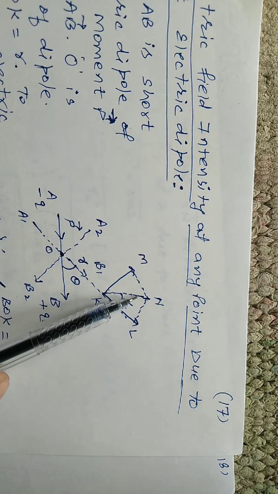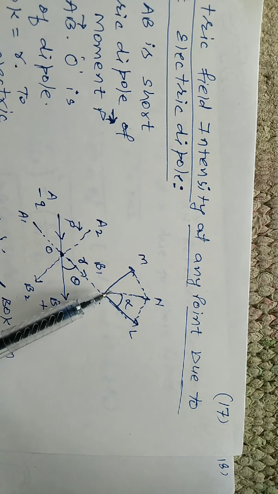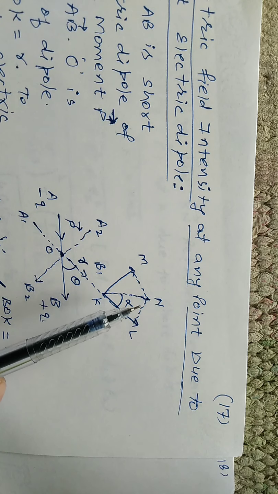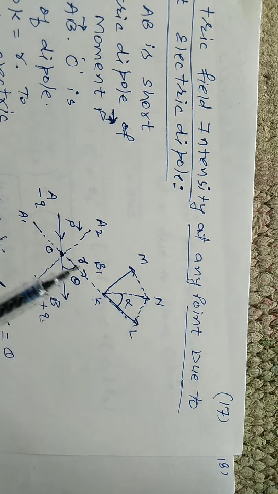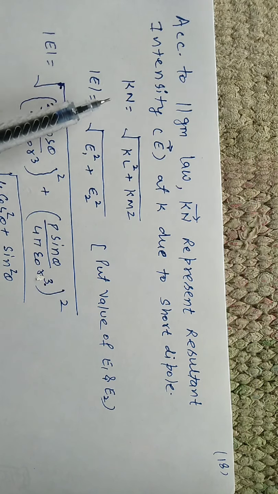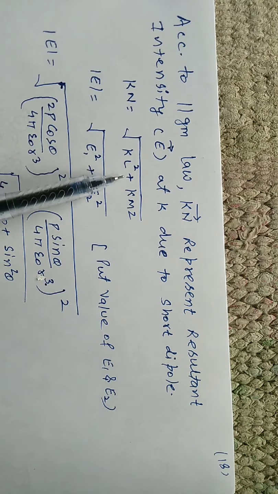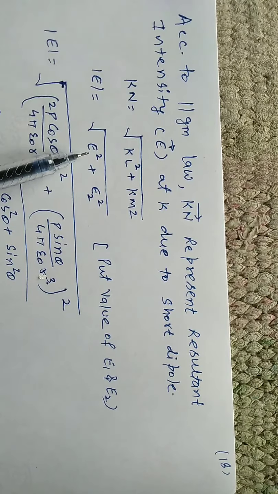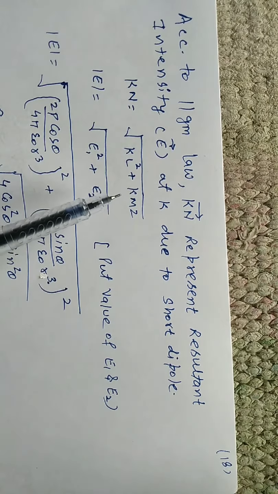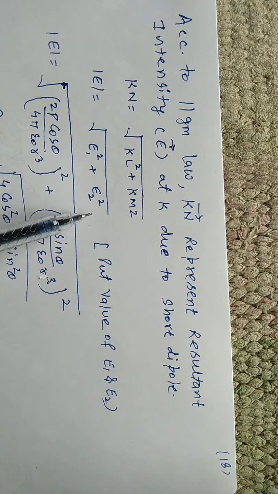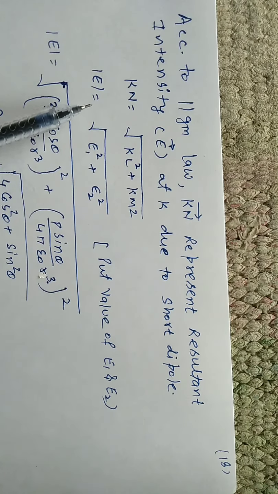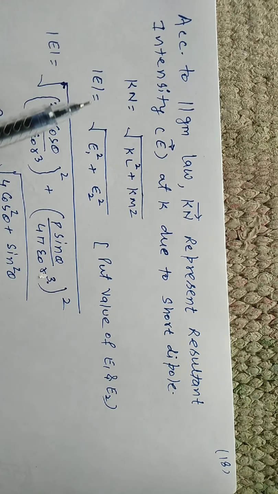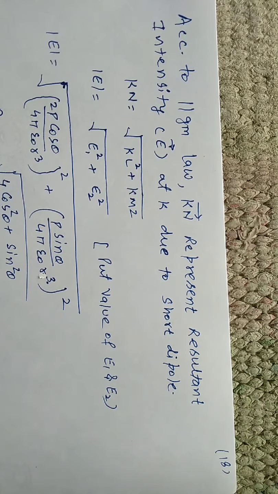This KN is a diagonal and it represents the resultant electric field intensity. Therefore, KN is under root KL square plus KM square. Along KL, electric field intensity is E1. Along KM, electric field intensity is E2. Therefore, the resultant electric field intensity is under root E1 square plus E2 square.